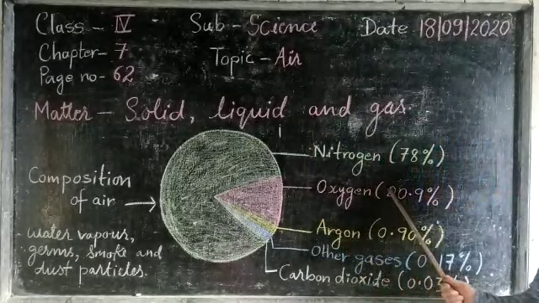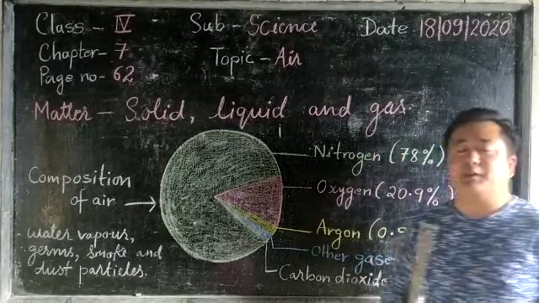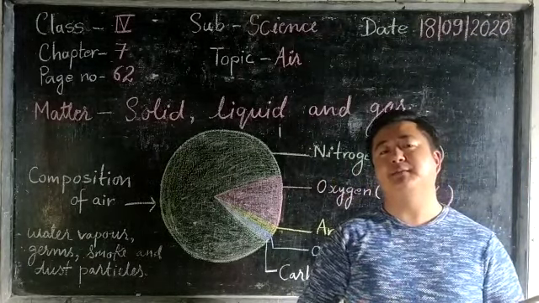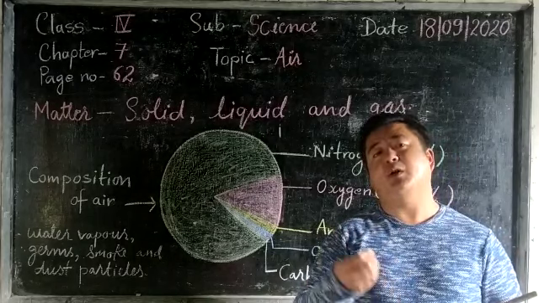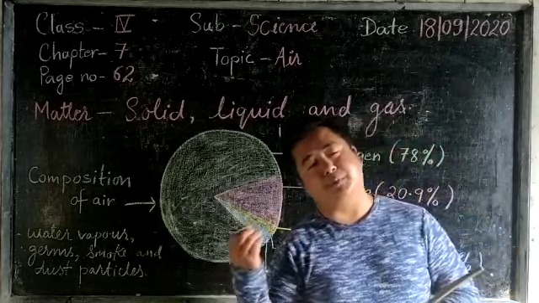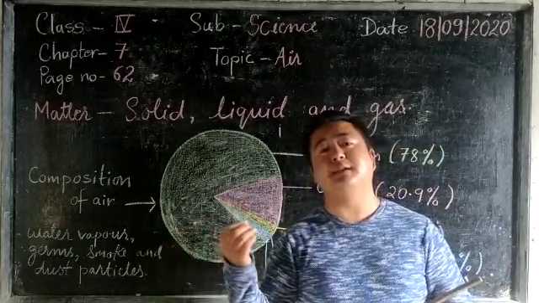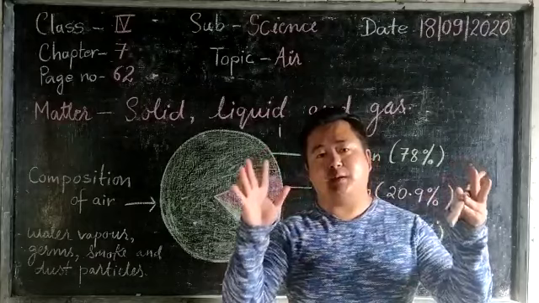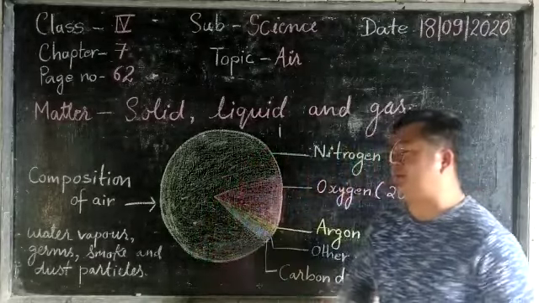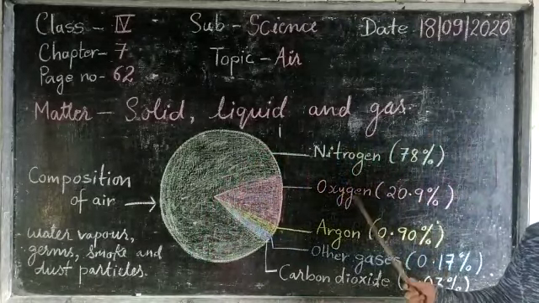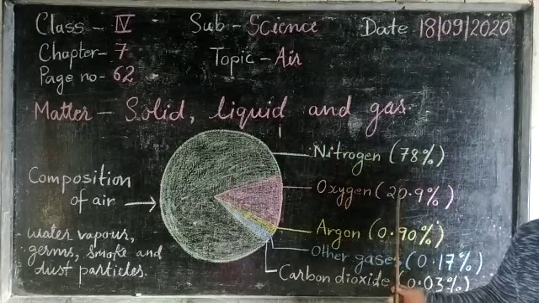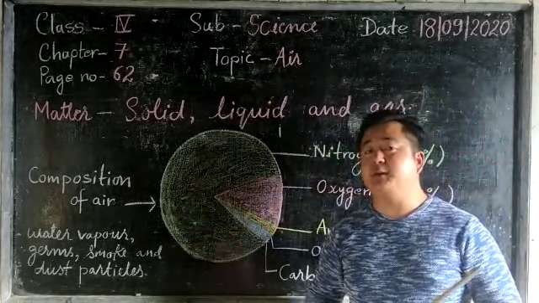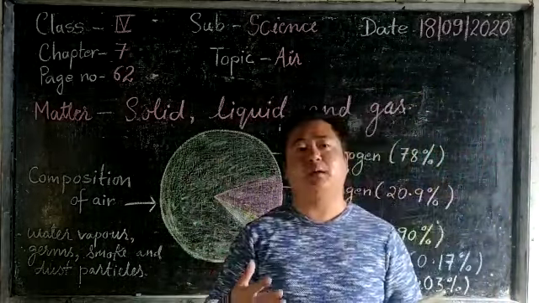Oxygen is 20.9%, which is a very important gas. We all know that all the living things, to survive, take oxygen, isn't it? From the animals, from the human beings, all the living things, to survive and to breathe, they take oxygen. And if it was just the opposite, if there were 78% of oxygen and nitrogen only 20.9%, our whole world would be burning, because oxygen supports combustion.